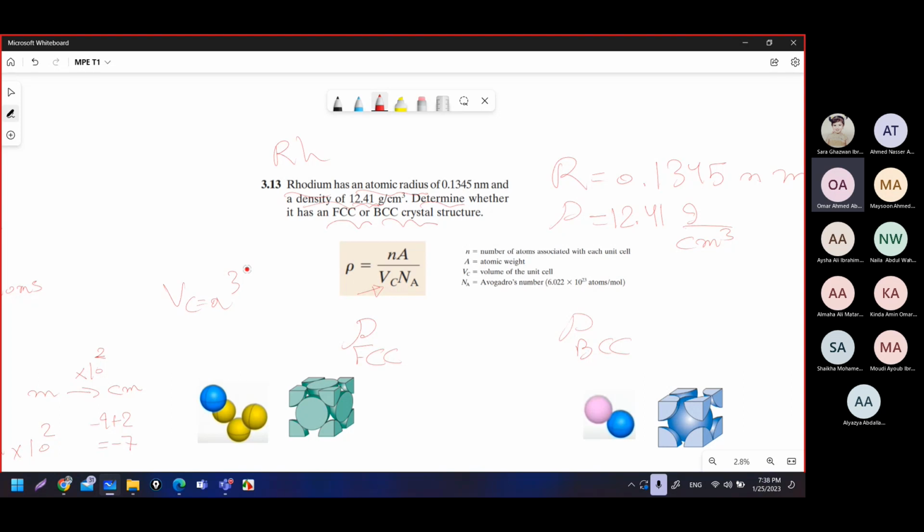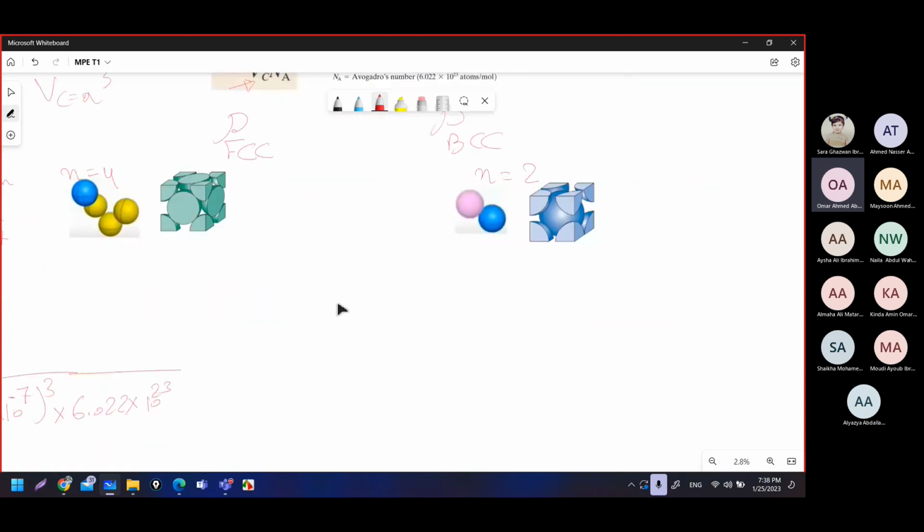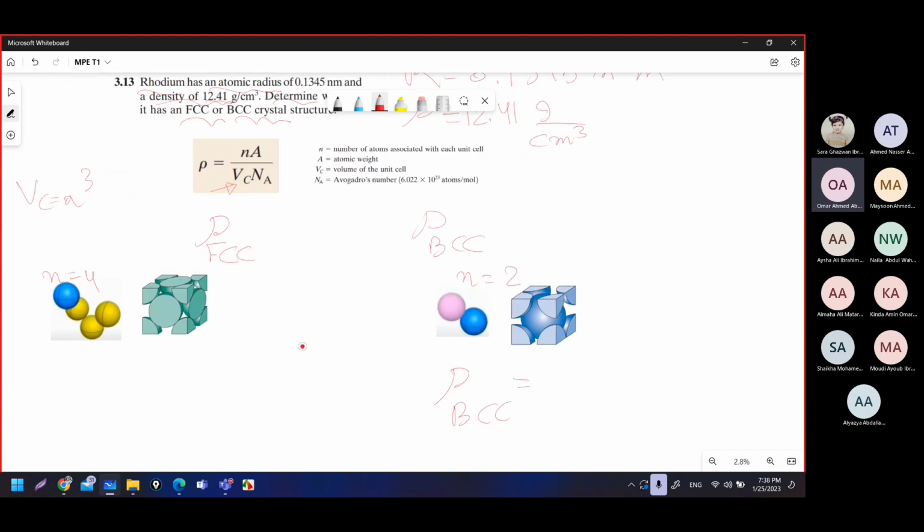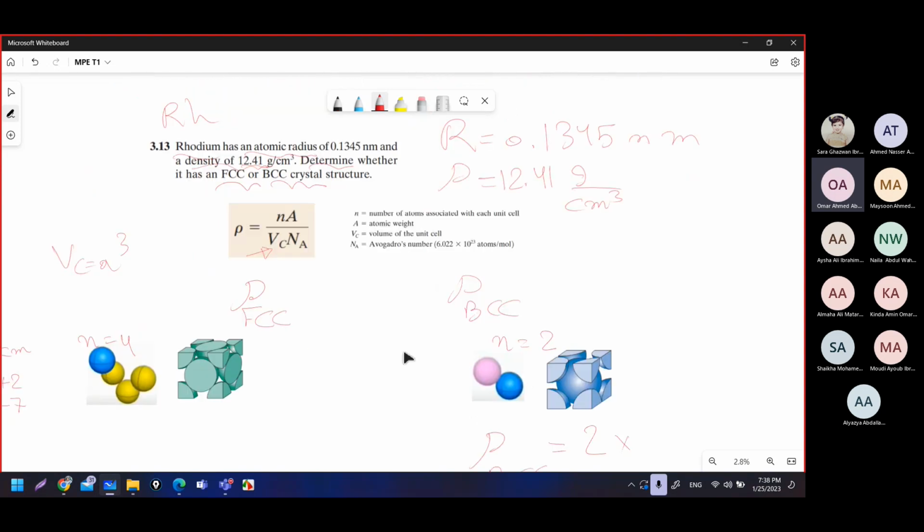For FCC, we have 4 atoms, so N will be equal to 4. And for BCC, we have 2 atoms, so N will be equal to 2. Of course, they will give different values. So I just need to know which one will give me 12.41. Okay, so let's calculate for BCC. So rho for BCC will be equal to the number of atoms, N equal to 2, times the atomic weight, which is given in the question.